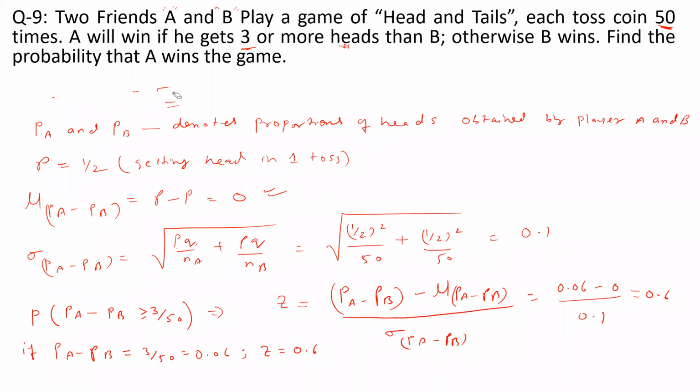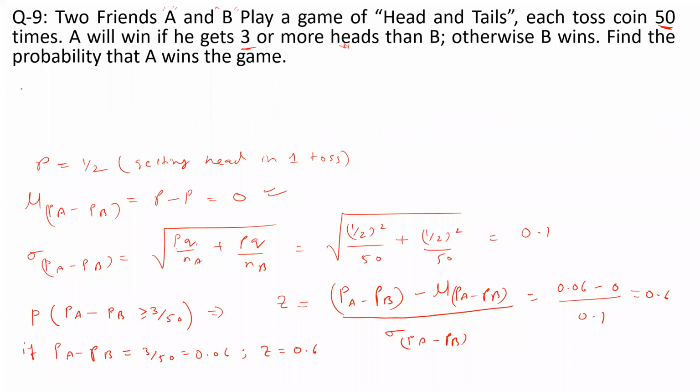Let's rub this portion here. So this implies the probability of Z greater than or equal to 0.6. Which area are you finding here?